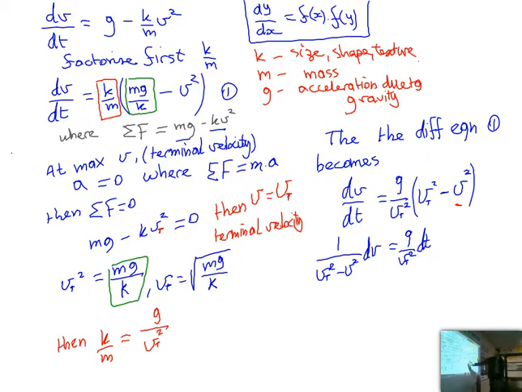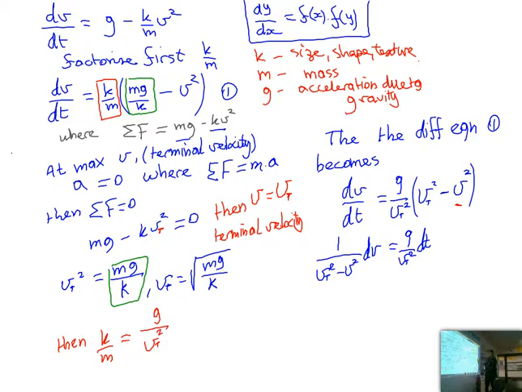So now we've got all the v terms on this side and our t terms on this side. Even though we've got a terminal velocity squared on the right-hand side with the time, this here, g divided by terminal velocity squared, that's just some constant number. Okay?